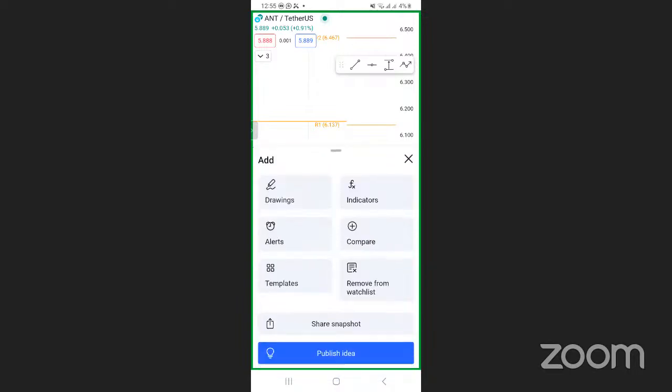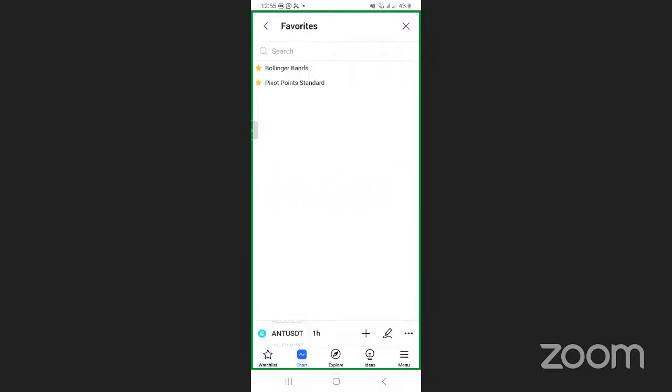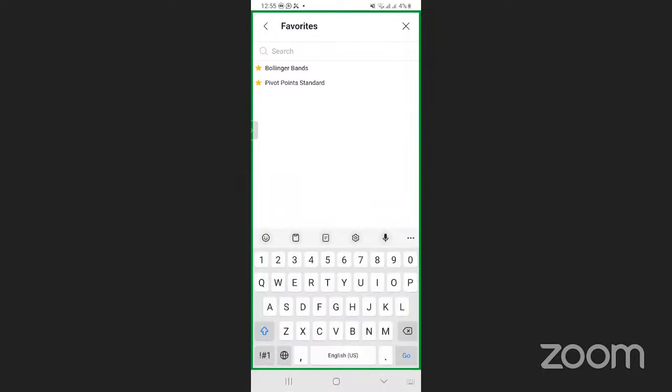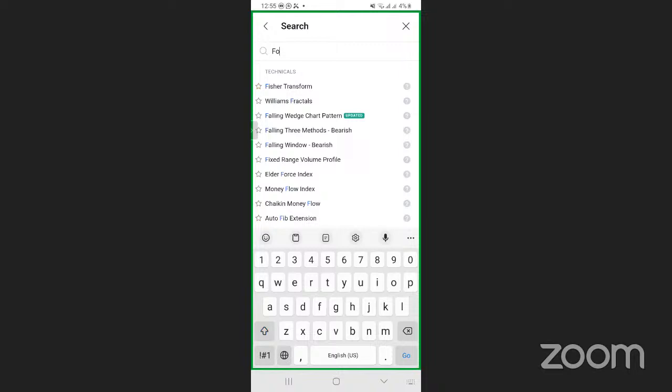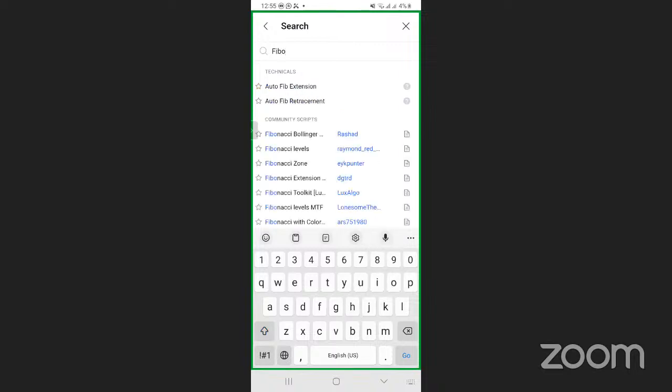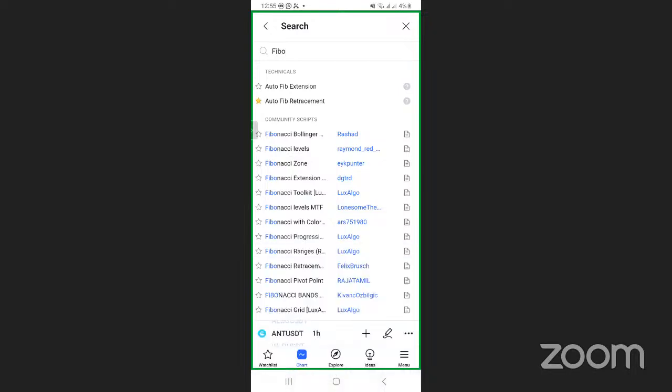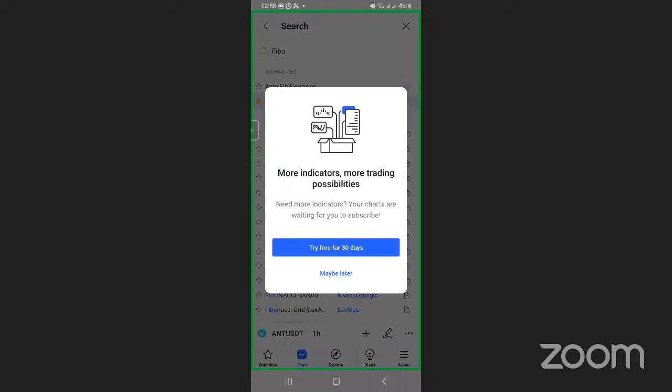Now, if I want to add another indicator, let's say I want to add another indicator called Fibonacci. I will not explain now how I use it, but of course I will help you understand Fibonacci auto-fib retracement. Okay, add it on my favorite, and I want to add it on my TradingView. Okay. I see what it's telling me.